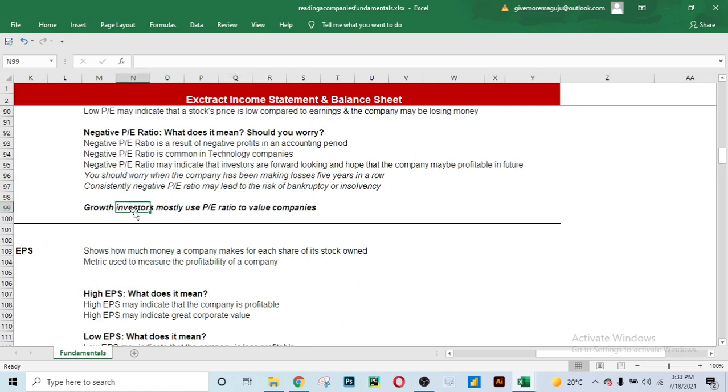Business was low, and growth investors mostly use the PE ratio to value companies. Value investors, yes, they use the PE ratio, but the investors who use this ratio widely are growth investors. Why? Because they want to see growth of earnings. They want to grow their investments over the long term.